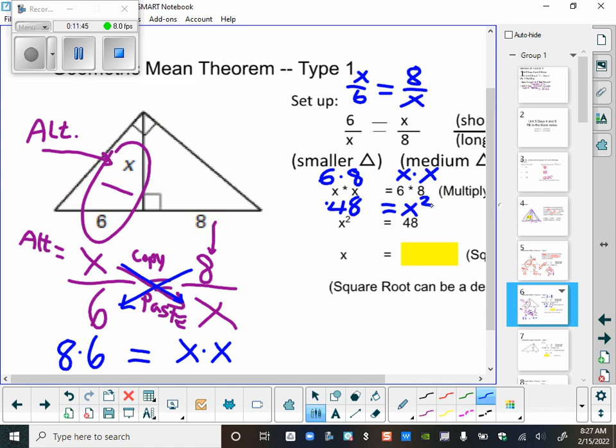And then we just have to take the square root of 48, which, yes, you're going to get a decimal. Did anybody try it? 6.9 something. 6.92, okay. x is about 6.9293, somewhere in that area. But again, you get the same result either way you play the game.